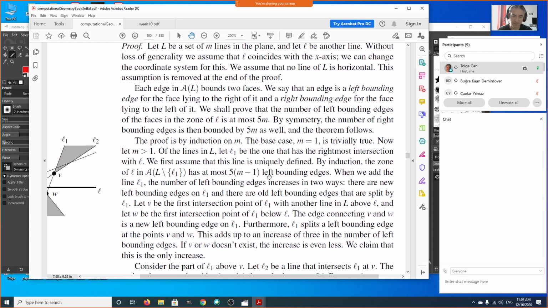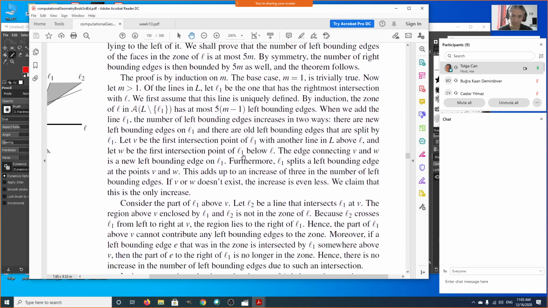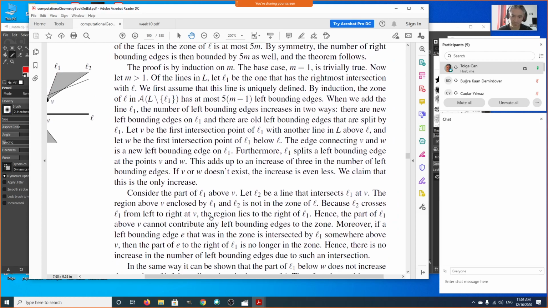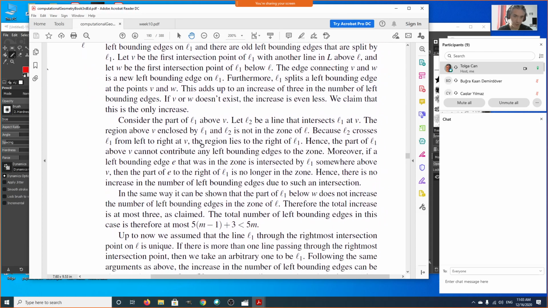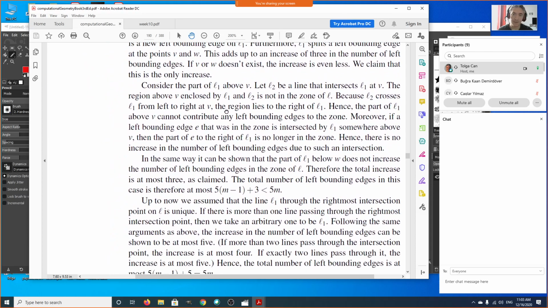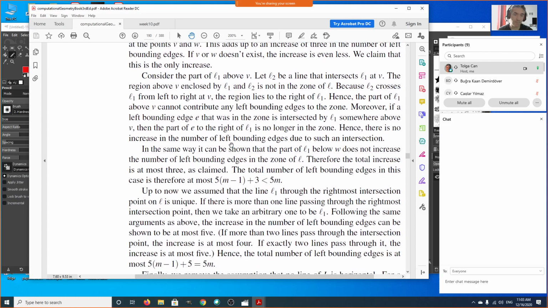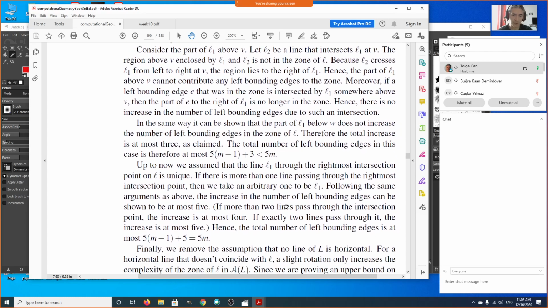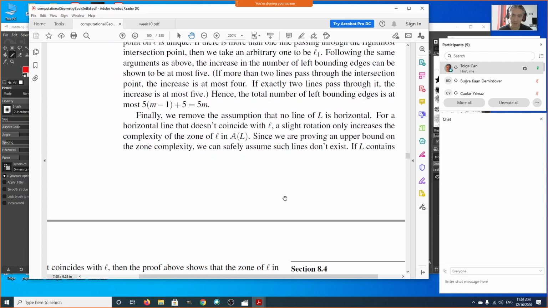Whatever you have here, it's a constant in front of it. So it's proof by induction. I'm not going to go into the details of this proof. As I said, we're just going to be using this proof as a way to bound our computational complexity by O(n squared) construction of arrangement of lines.